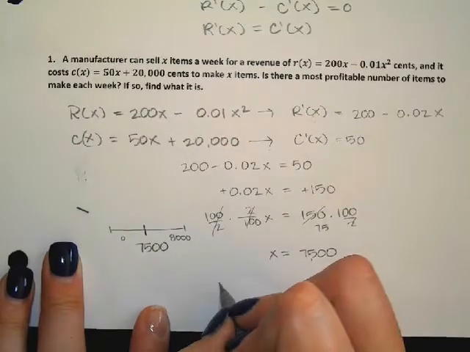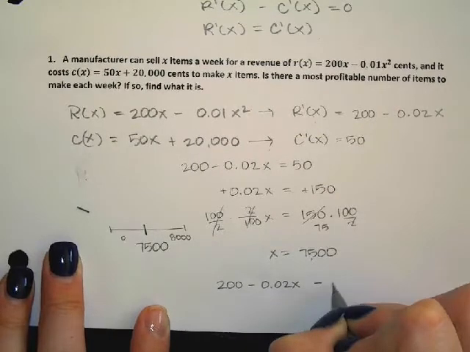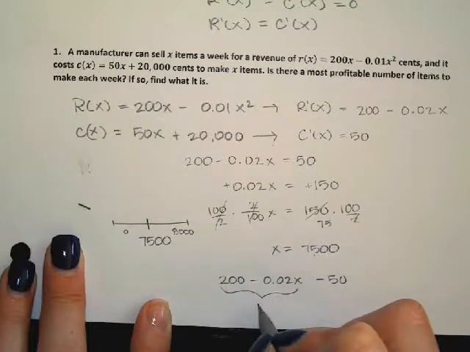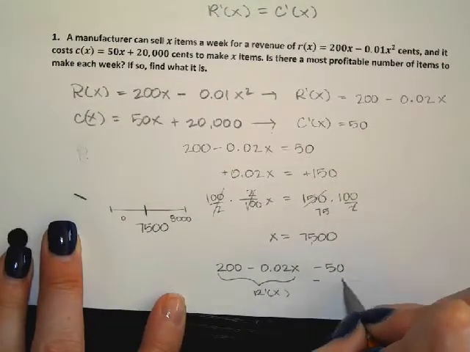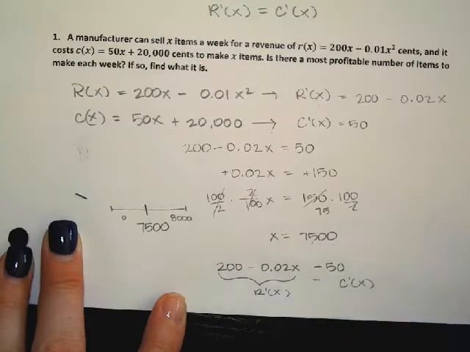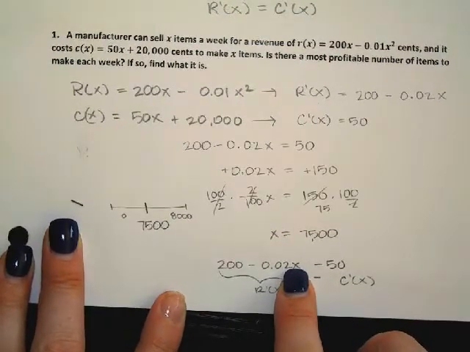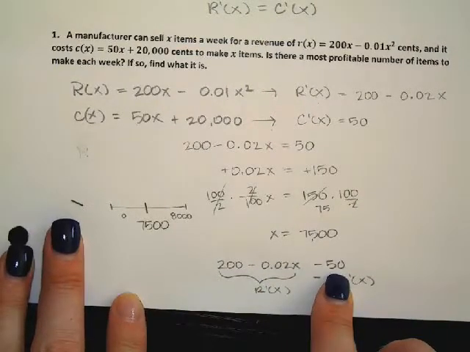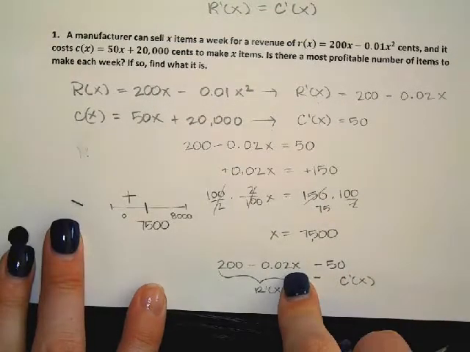So this is your R prime minus C prime. If we plug in 0 right here, we have 200 minus 50, positive. If we plug in 8,000, very negative.